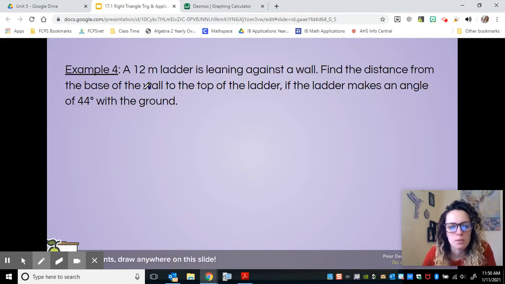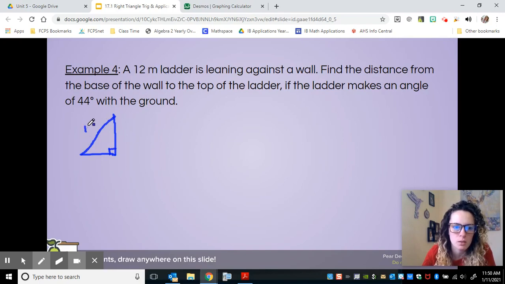Example 4, a 12-meter ladder is leaning against a wall. They didn't give me a picture this time, so I'm going to start drawing a picture with that information. I know we're focusing on, oh boy, right triangles, so I'll try drawing a right triangle. The ladder itself is leaning against the wall, so that implies that it's the hypotenuse.